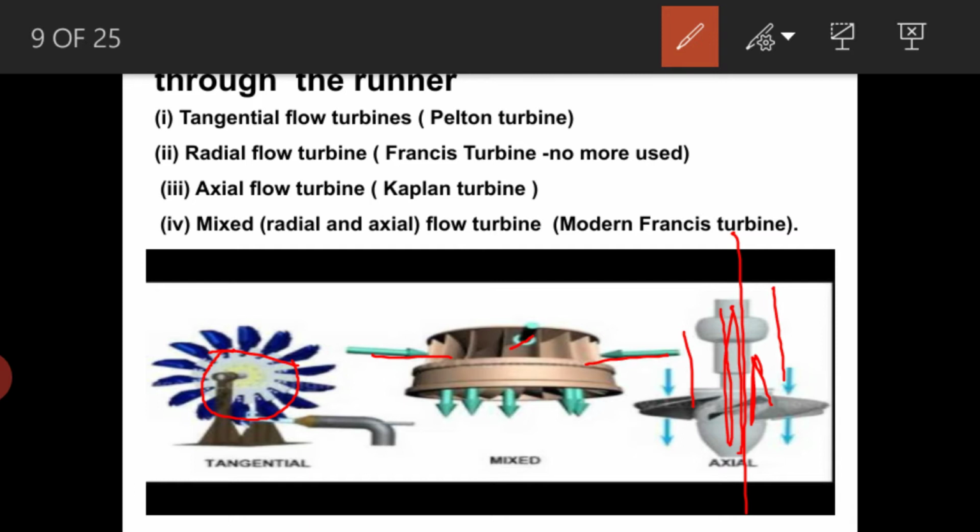And in a mixed flow turbine, water enters the runner in the radial direction and leaves in the direction parallel to the axis of rotation of the runner. Example: the modern Francis turbine is a mixed flow turbine.